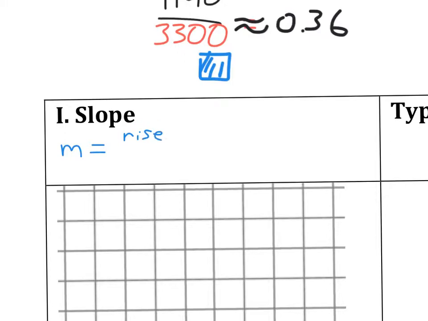The first one is if you're counting slope, you can just count how much it rises, goes up or down, versus its run. Another way to calculate it is to plug in numbers. You subtract the y's, and you divide by the difference of the x's, x2 minus x1.